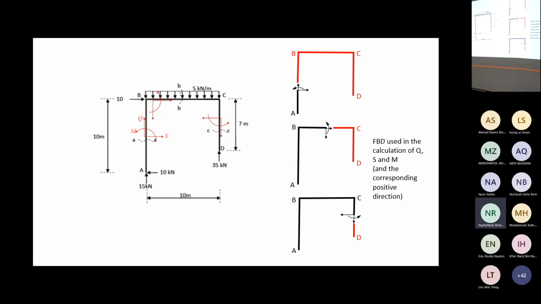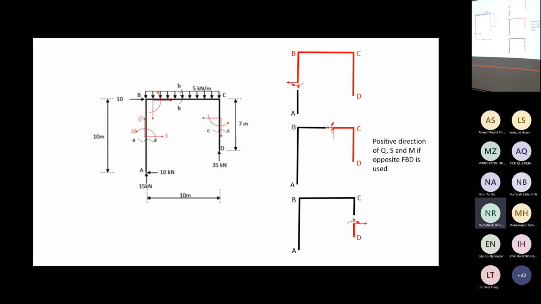Now, sometimes we can use the free body diagram of the red part also for the calculation of axial force Q, shear force S, and bending moment M. If we do that, then the positive directions that we should use, if you use the free body diagram of the red part now, not the black part, then the positive direction for Q, S, and M is opposite to the one that is shown here.